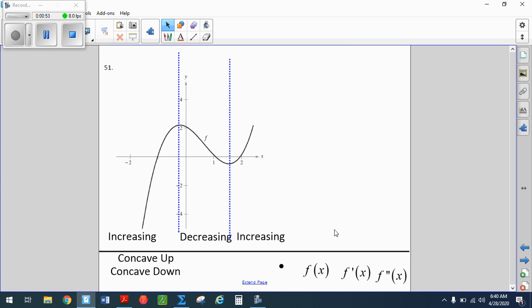Now, I'm looking at increasing and decreasing because that tells me where my derivative function is going to be positive versus negative. If this is a cubic function, x to the third power, then my derivative is going to be a quadratic. So it would make sense that my derivative graph could be positive, then negative, then positive.